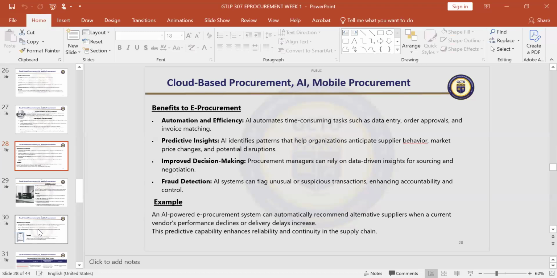So that all this data, when put together, enhances their decision making.